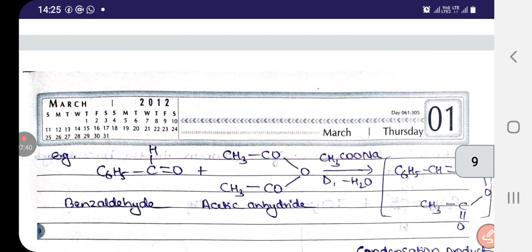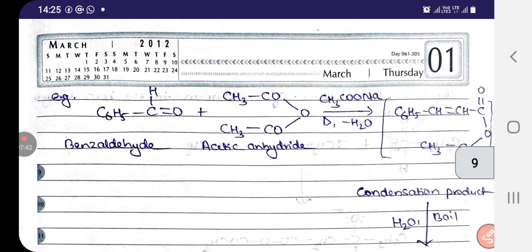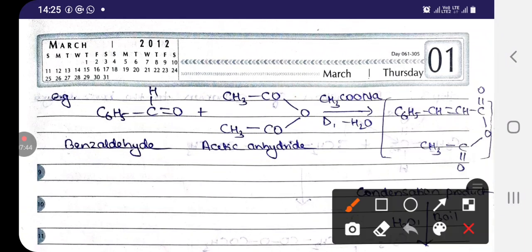Now let's see how the reaction takes place. This is simply benzaldehyde that you can see, and this is acetic anhydride. In short, acetic anhydride can be written like CH3CO whole twice O. This is for acetic anhydride or acid anhydride.